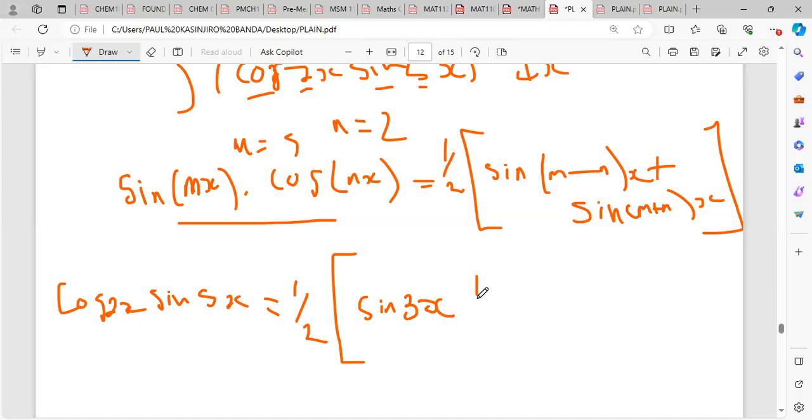Then we are going to say plus sine (m plus n), not 1, I mean. So what is our m? 5. What is our n? 2. So 5 plus 2 is going to give us sine 7x there.